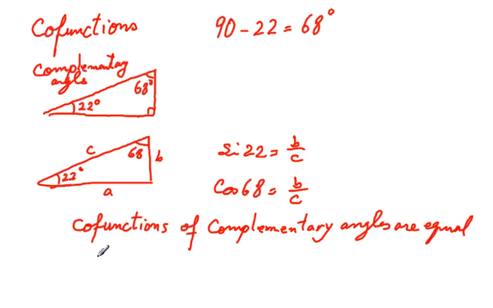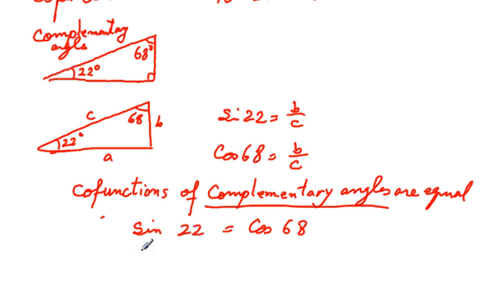What do you mean by this? Here's complementary angles. I write a pair of complementary angles. Then I pick a pair of cofunctions. What do you mean cofunctions? Such as sine and cosine. They are the same. Or I could have chosen cosine here. And who is going to be the function on the other side? Sine.